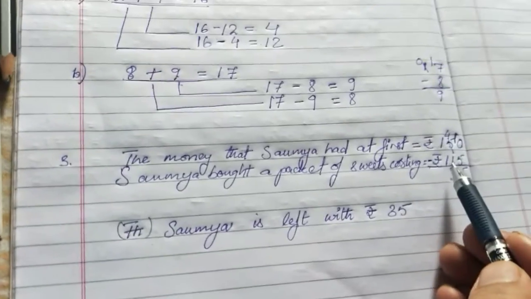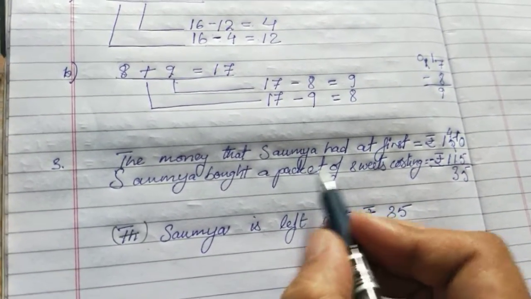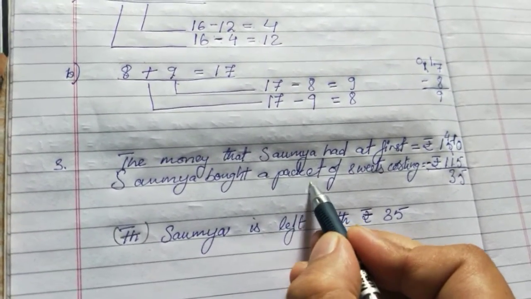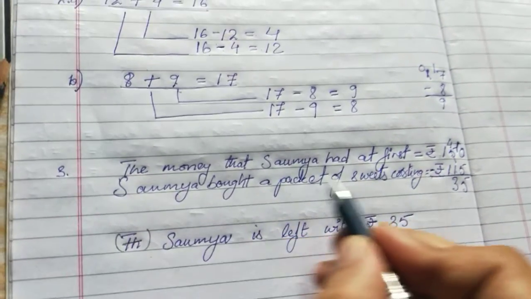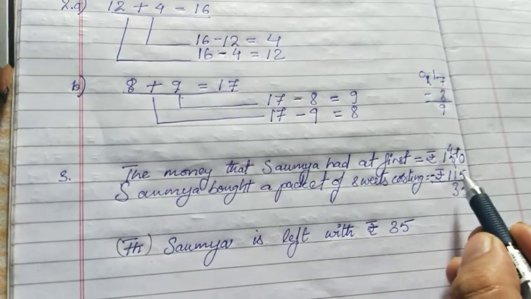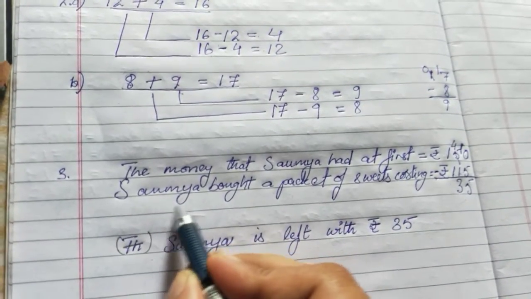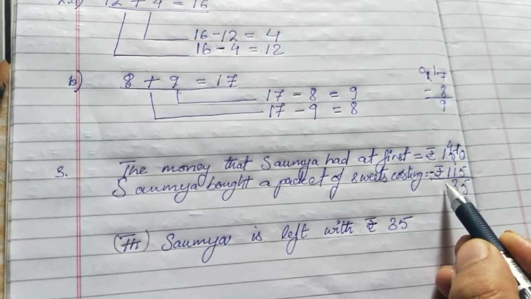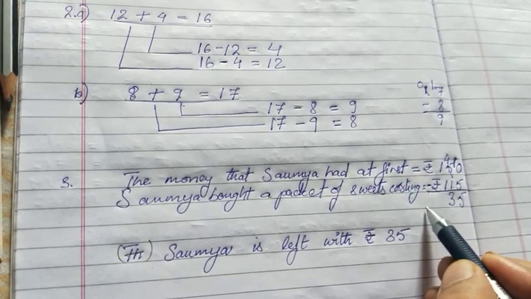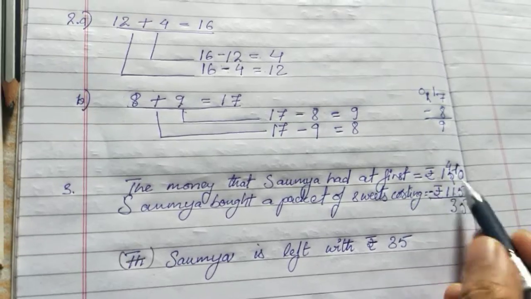If Somya bought a packet of sweets costing, this is your sentence, you write is equal to over here, but you are going to write rupees 115 at the corner only below this number, so that you can subtract it in an organized manner.